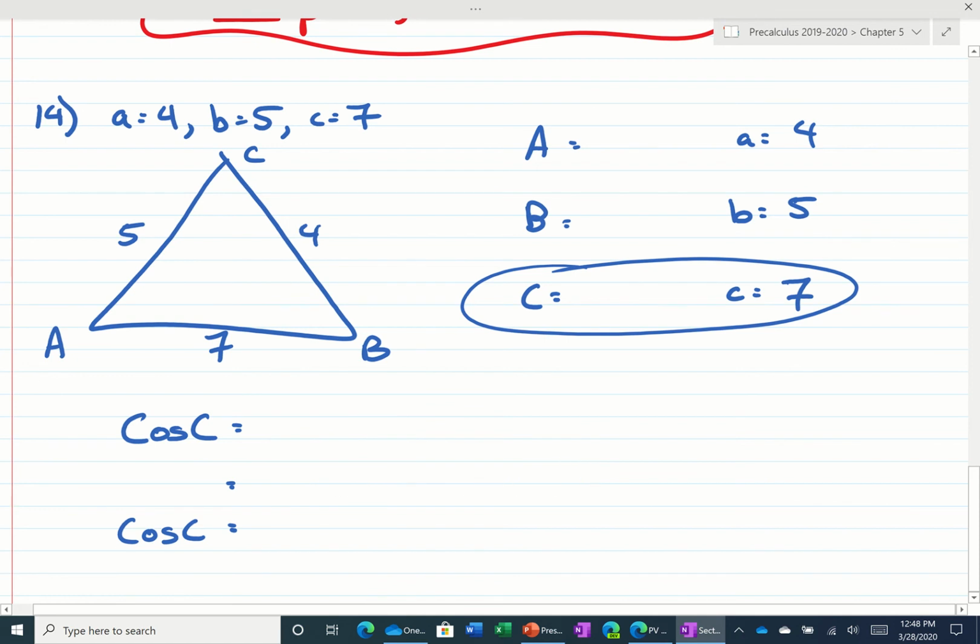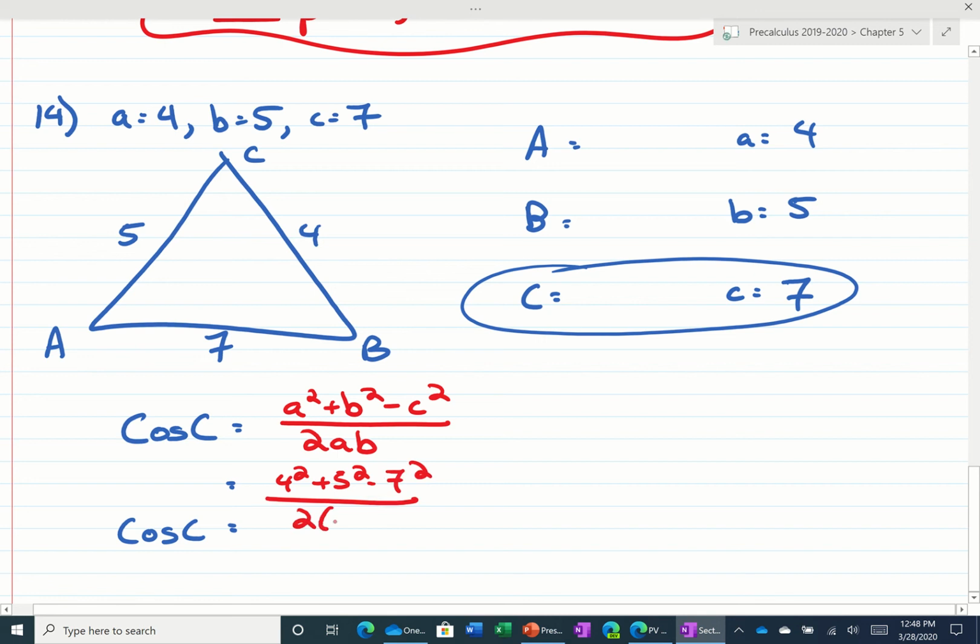My bad. For angle C, the formula is a squared plus b squared minus c squared over 2ab. So let's see, 4 squared plus 5 squared minus 7 squared over 2 times a times b. And then we're going to have to take the inverse cosine of that.